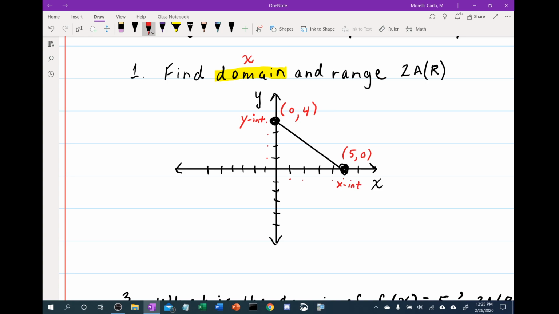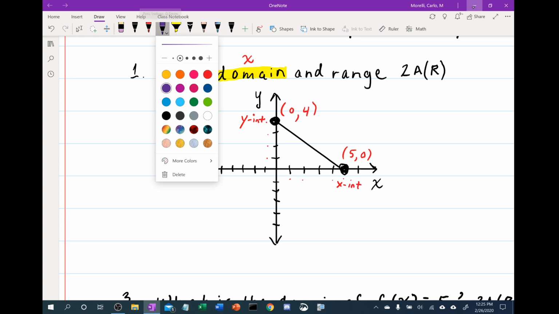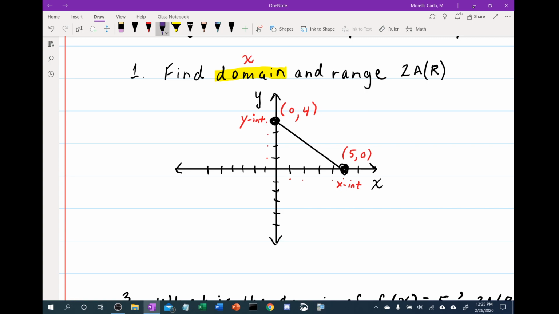So now I would just identify x and y: x, y, x, y. And I know that with domain, I'm going to be dealing with the x's. So there it is.